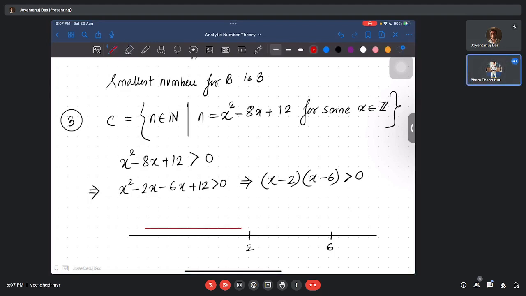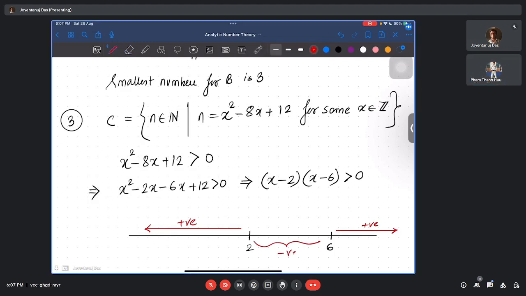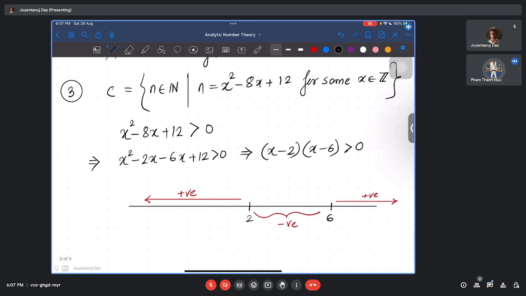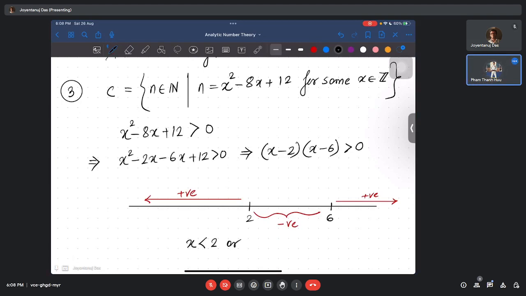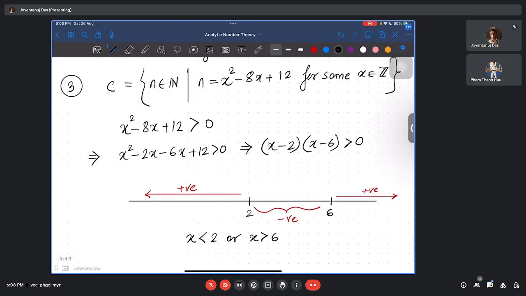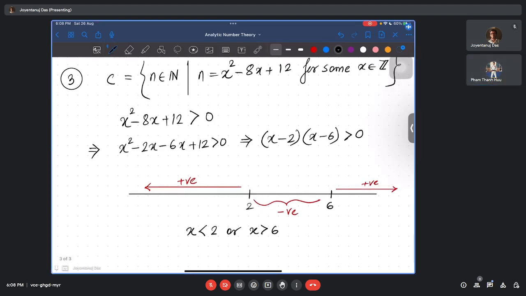So this part is positive, and this part is also positive. So this is the range.